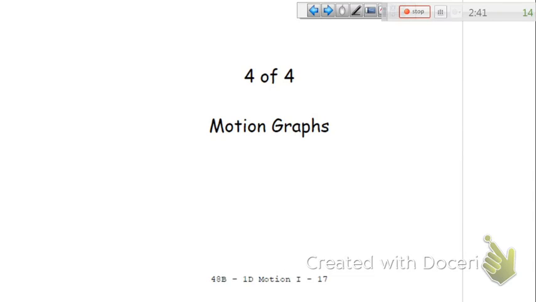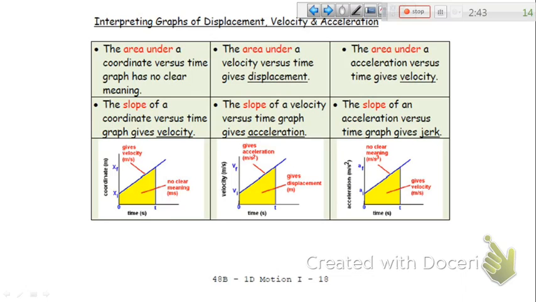Last time we got pretty much to this level where we talked about motion graphs, and basically the point we made was that if I take just three generic graphs, position versus time, velocity versus time, or acceleration versus time, I can ask myself, what does the slope mean and what does the area under the curve mean? For coordinate versus time, the slope is the velocity, and area has no clear meaning.